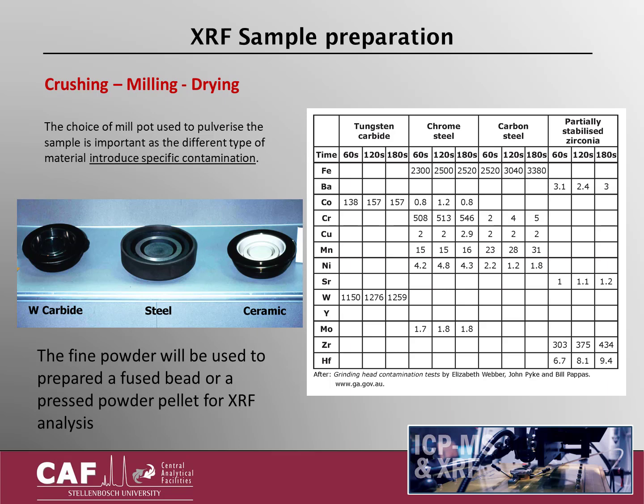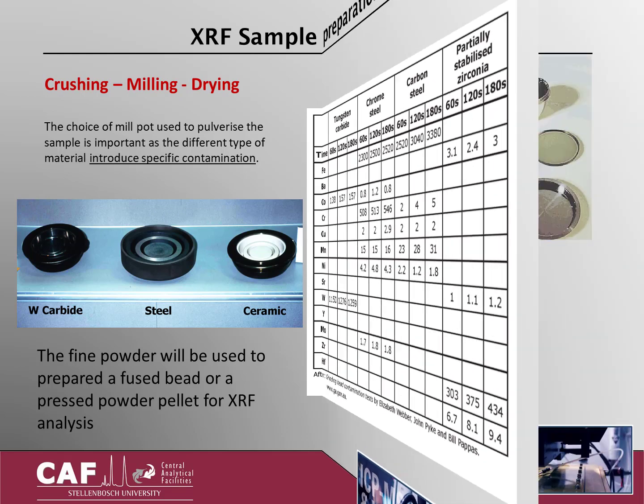Optimal milling time is thus of critical importance. Our standard procedure allows for 2 minutes of milling to obtain an optimal powder, but it can vary depending on the sample. If only major elements are being determined, contamination during the grinding process will normally not be a problem. For rock and soil samples, the ideal mill pot is a tungsten carbide, which will add tungsten and cobalt as contaminants.